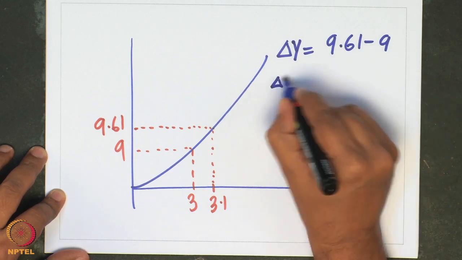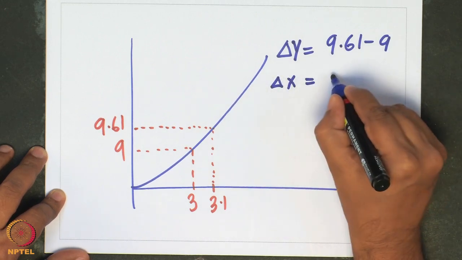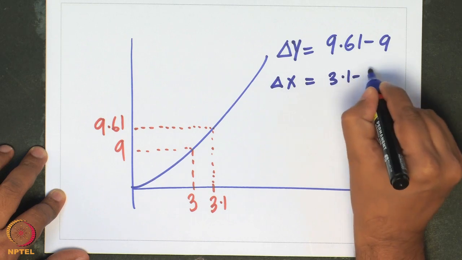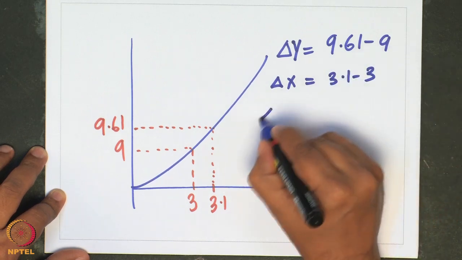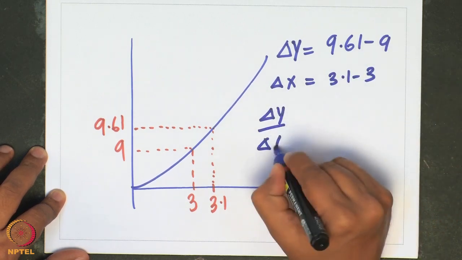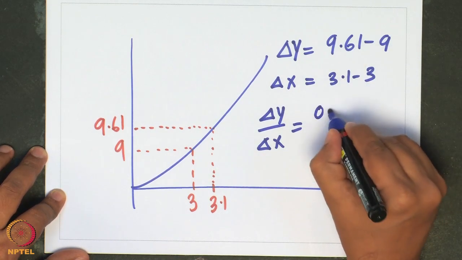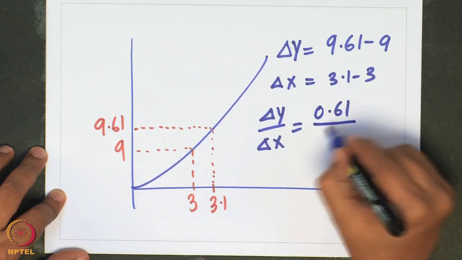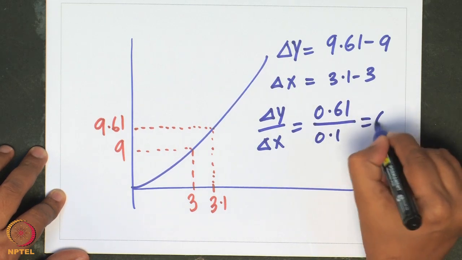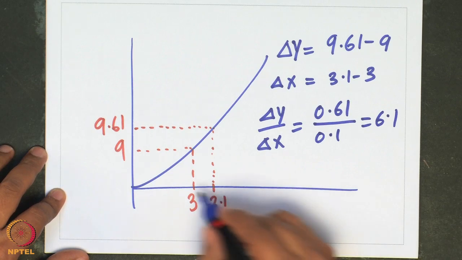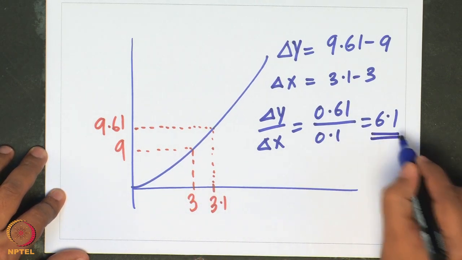My delta x is 3.1 minus 3. So delta y by delta x is 9.61 minus 9, which is 0.61, divided by 0.1, which is 6.1. So if I calculated between 3 and 3.1, the slope turned out to be 6.1.